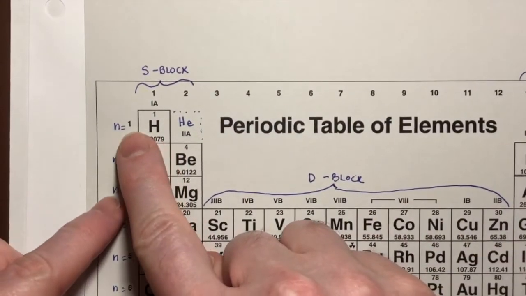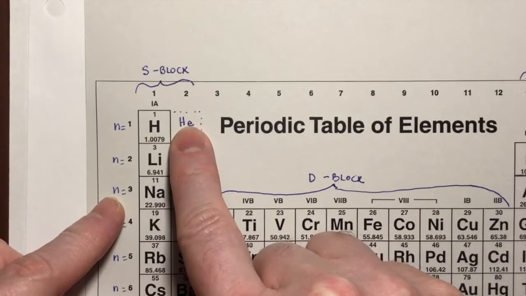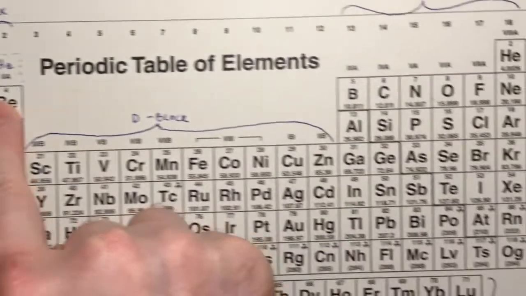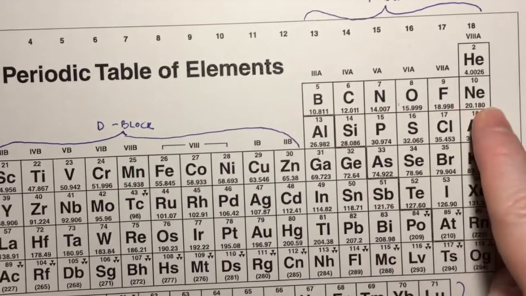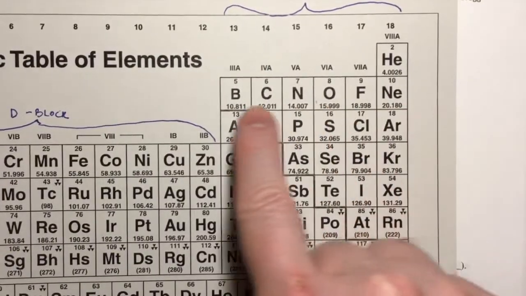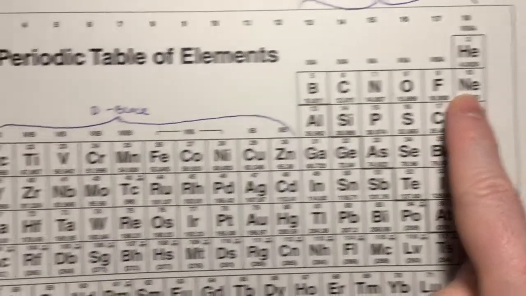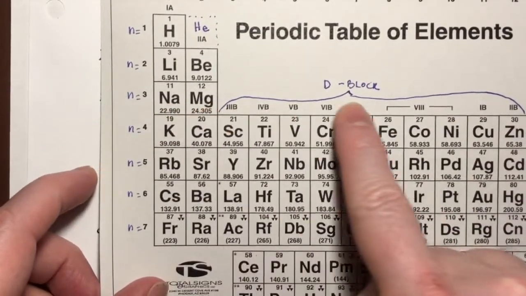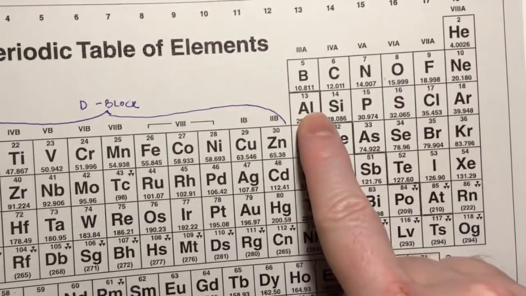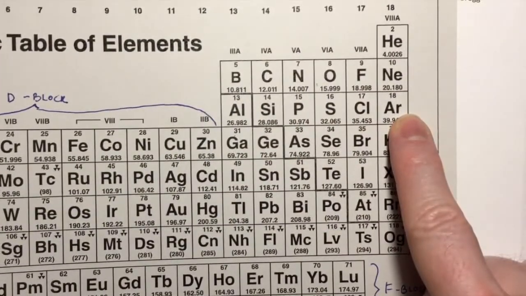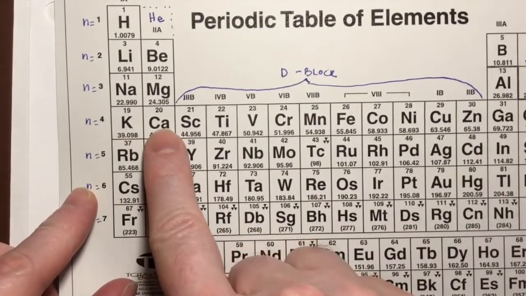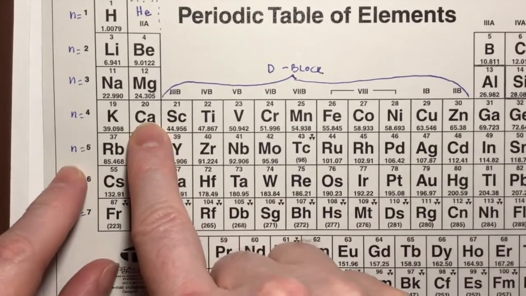So bromine has 1s2, 2s2, 2p6, all 6 of these are filled for bromine. And we get to 3s2, go across, 3p6, down to 4s2, and then we hit the D block.